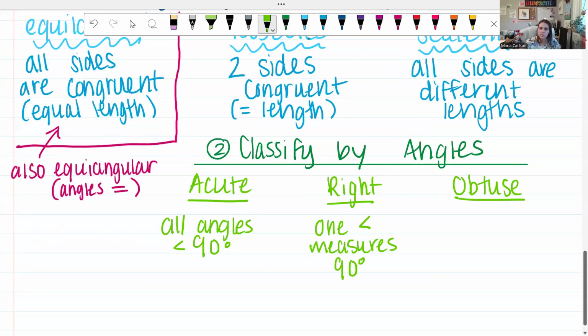And an obtuse has one angle greater than 90 degrees but less than 180 degrees. So it's bigger than 90 degrees, but it's not a straight line.